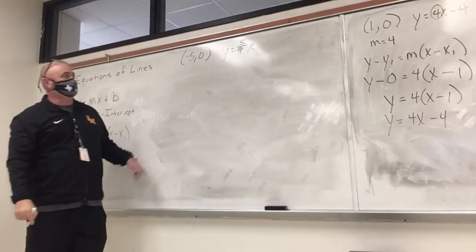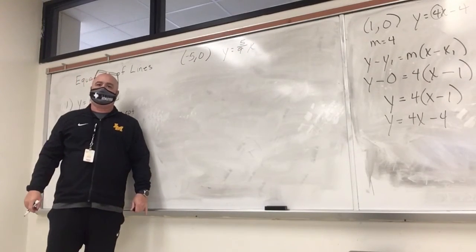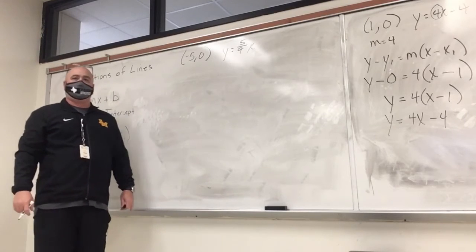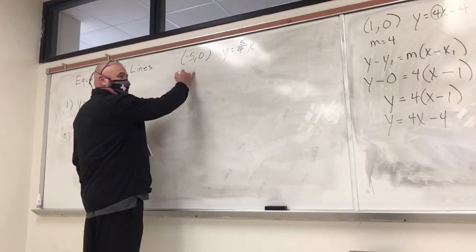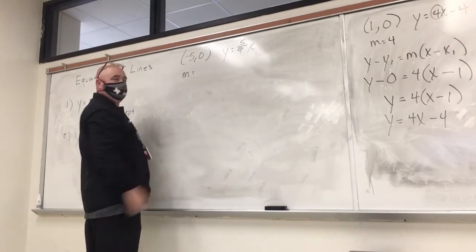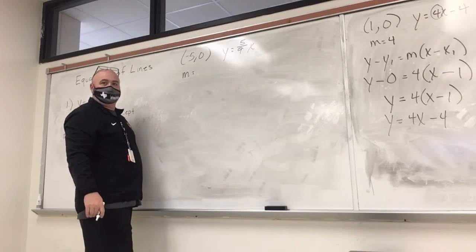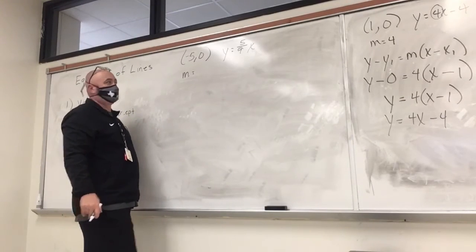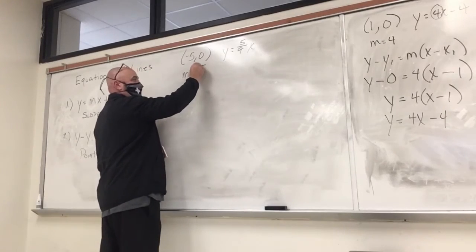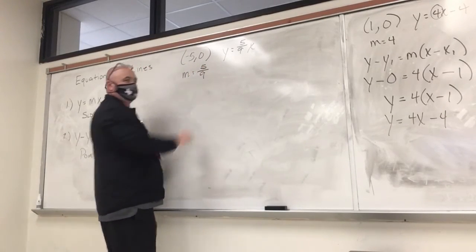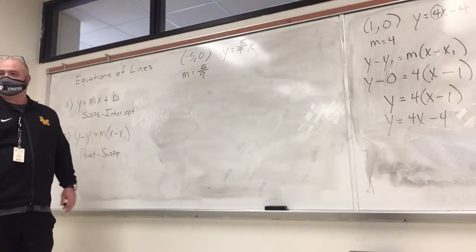All right, so what's the slope we're gonna use? Parallel. So what slope are we gonna use? M equals what? 5/9. If it's parallel, we use the same slope.